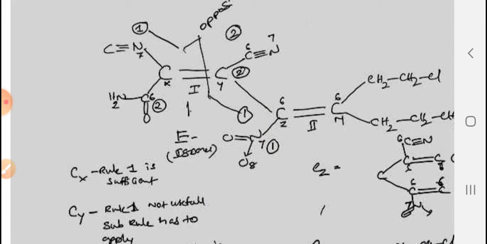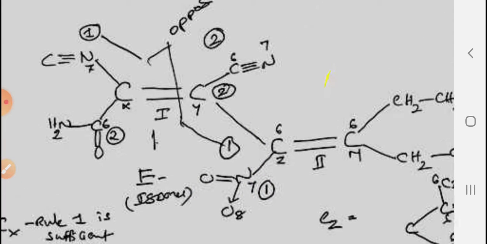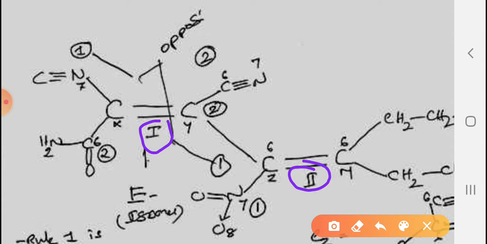See here. In Roman number I, I have given first, around 1, 2 double bonds are there. I am explaining about the first now. Here the carbon possesses C, O, 6, here 7.